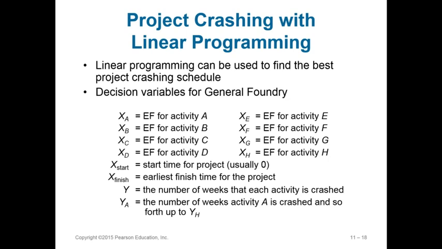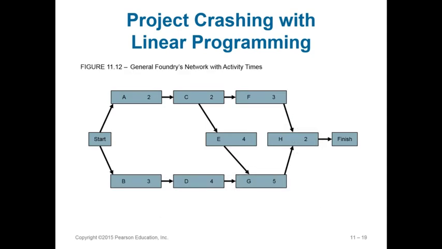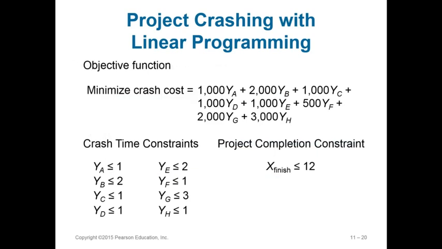But if you use linear programming to try to do this, you would have each activity that's in the system as one of the variables, and then you would have constraints such as start times, finish times, weeks that an activity could be crashed, and costs, etc. So if you look at activity times here with the original numbers that were given to us, you would be looking at the budget.